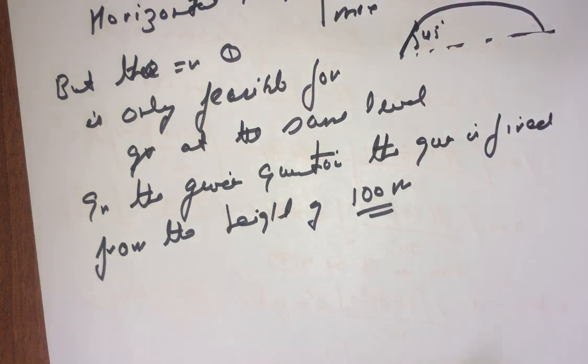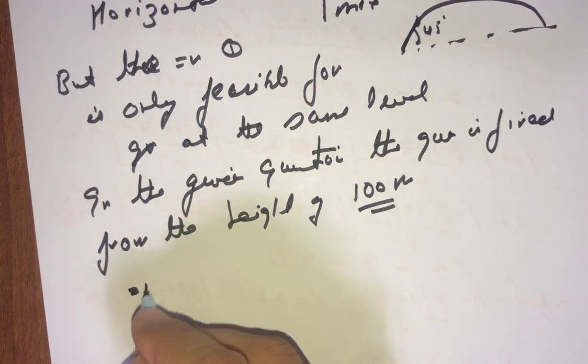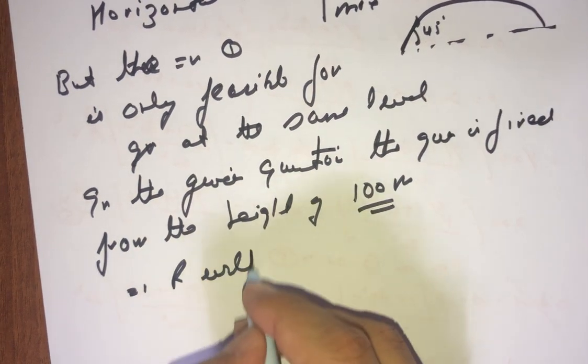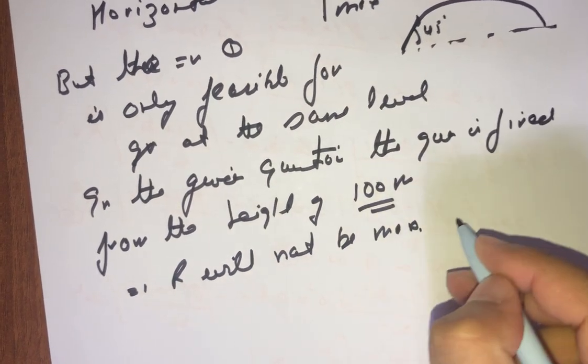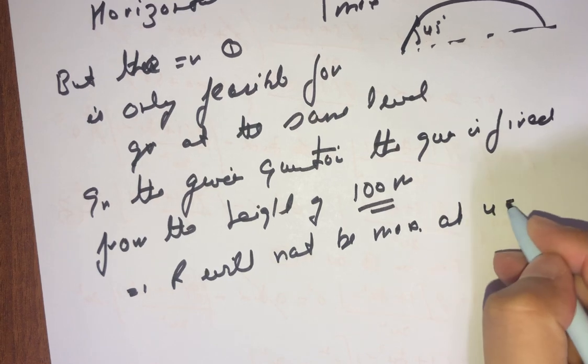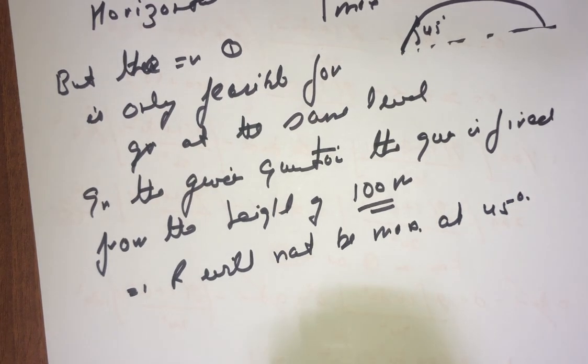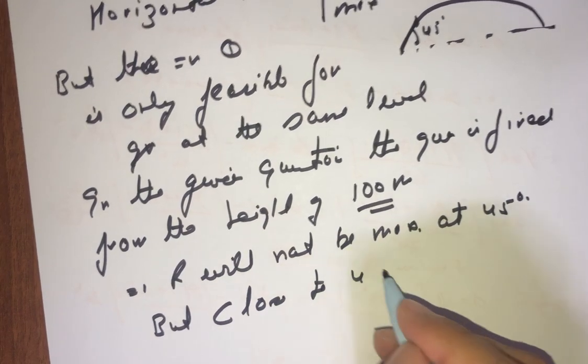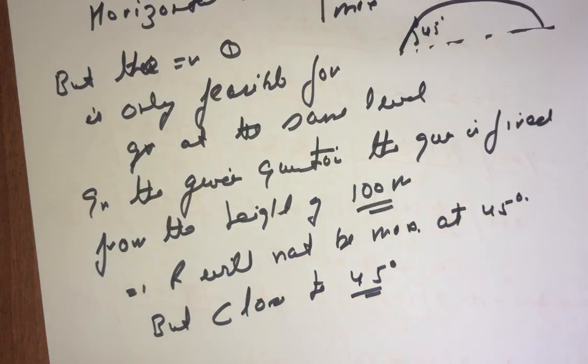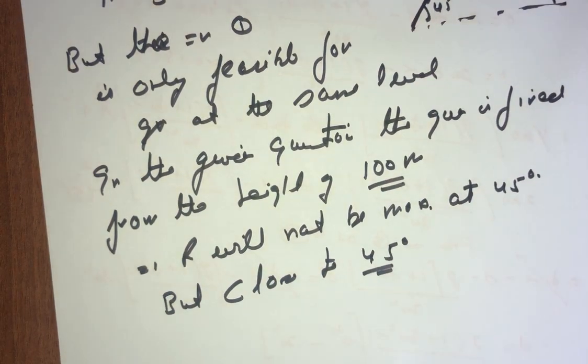So we can say that R will not be maximum at 45 degrees, but it will be close to 45 degrees. So we are going to take various values of theta and calculate R for each value of theta.